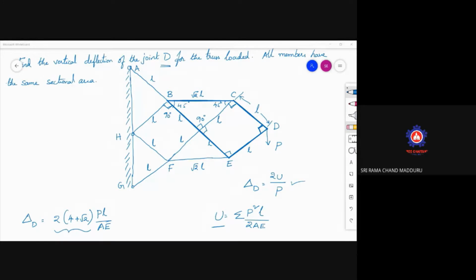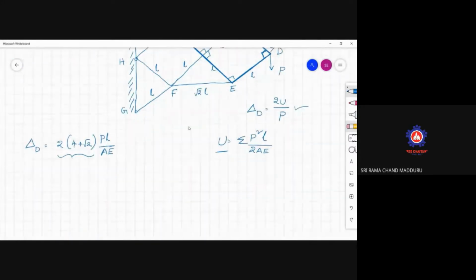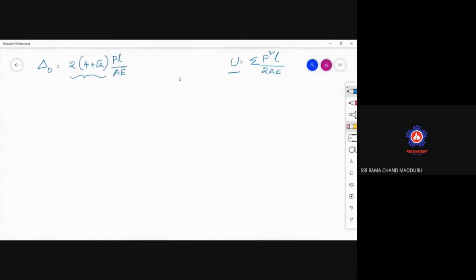If that is done, we'll move to the next one. Please leave some space and practice it, and we'll move to the next problem.